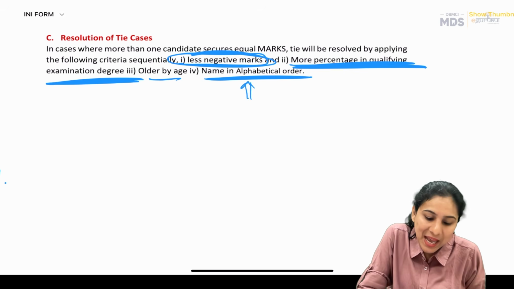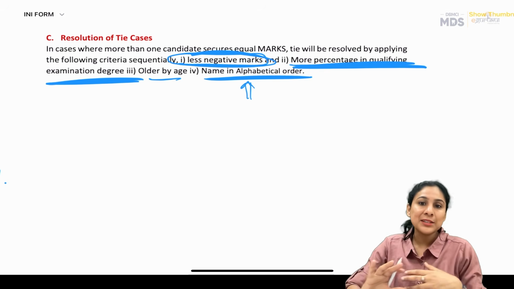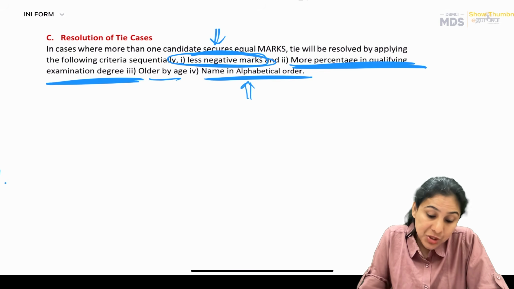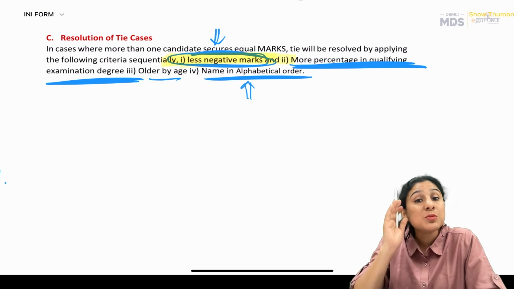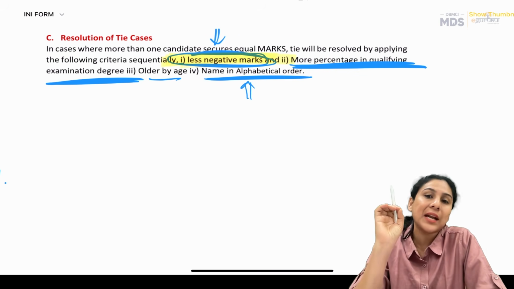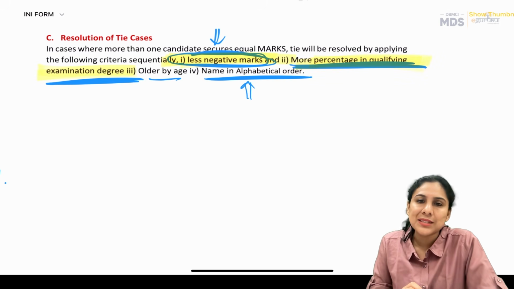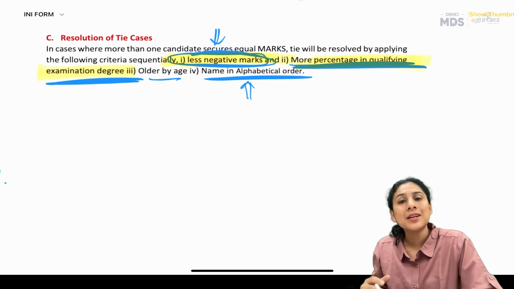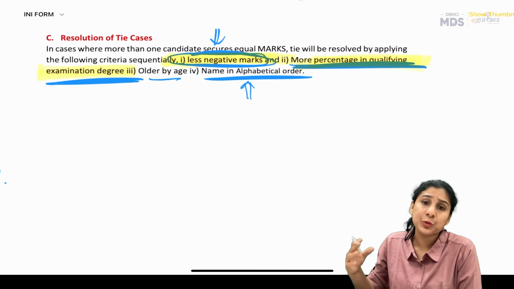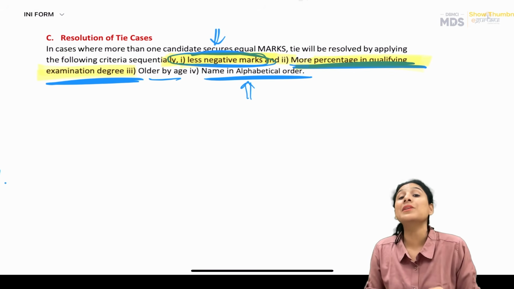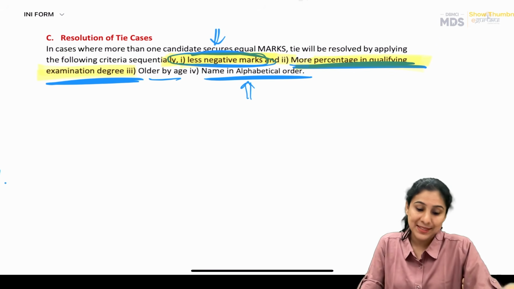These criteria come in very late. The topper is basically decided based on criterion number 1, which is less negative marks. This is most of the time the decisive criterion, and in worst cases, it will go to percentage in the qualifying exam. We know already that the seats are very, very limited, so it doesn't go till the 3rd and 4th criteria. Primarily, it is the 1st and 2nd criteria. So try and do less wrong in INI-CET.